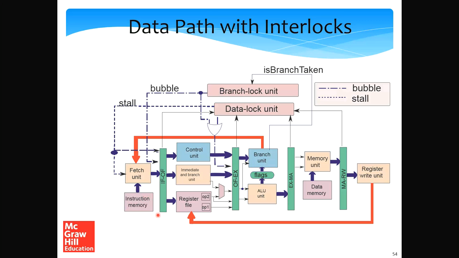Similarly, for the instruction that's supposed to flow from the IF stage to the OF stage, instead of sending the original instruction, we send a no-op. That's the only difference, and the rest of the circuit remains the same. So all that we see is that we have these two extra interlock units, the branch lock and the data lock units, whose job is to ensure that all data hazards and control hazards are taken care of correctly in our pipeline.